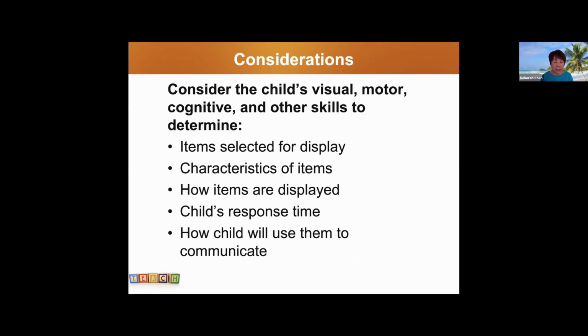How are the items displayed, vertically or horizontally? What about the spacing? Are they in a vertical line or a horizontal line? How much time does a child need to respond, that wait time? And how will the child use them to communicate? Will the child look, point, or take something and hand it to an adult?